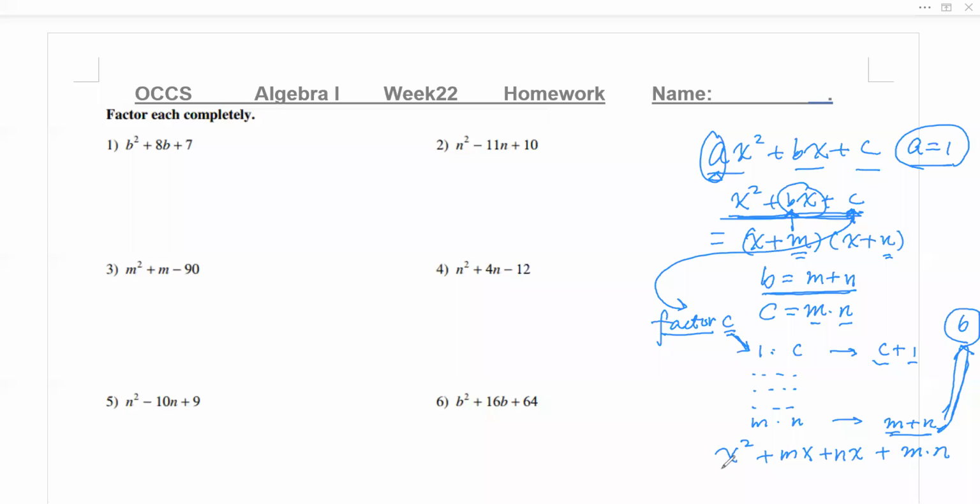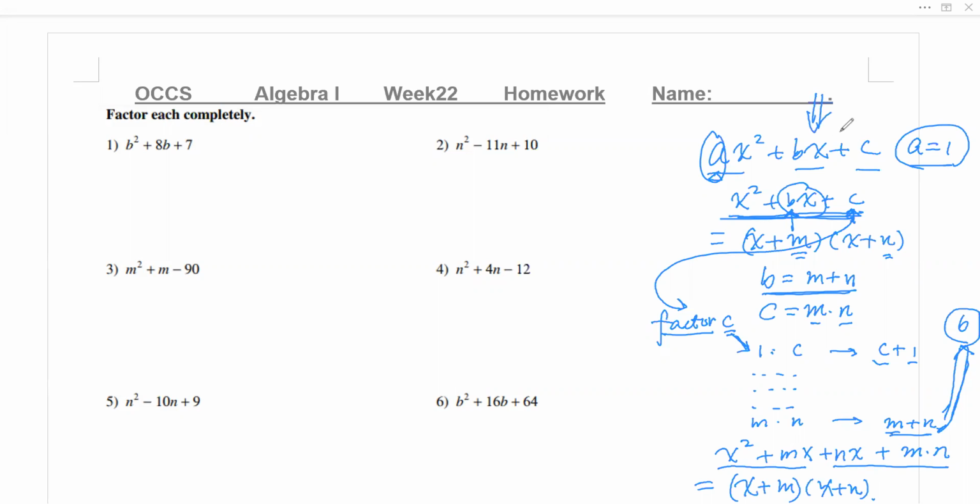So we can use the group factor and get the result here. This is the basic one, and all of our homework is focused on this.